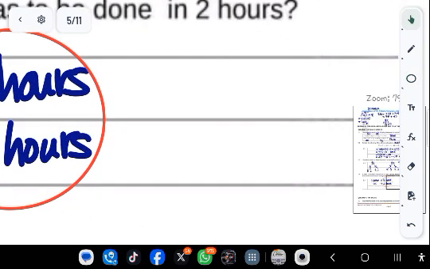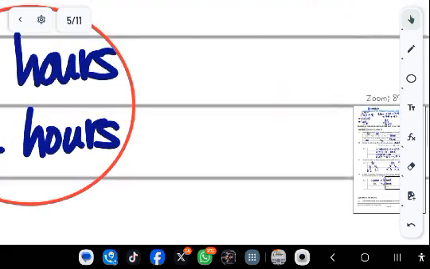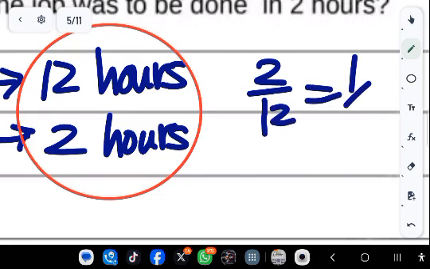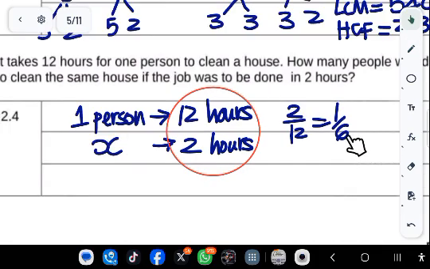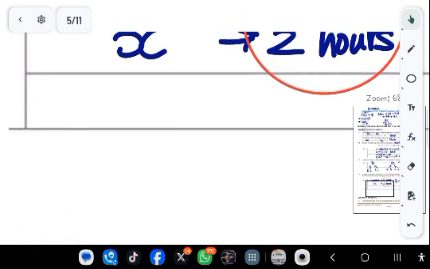So it will be 2. The people, in order to finish in half, here is the fraction. 2 out of 12 is 1/6. So therefore you will need 6 people to clean in 2 hours.